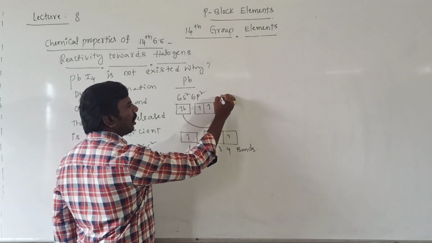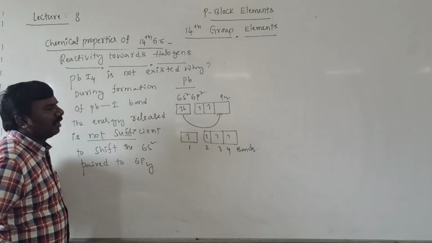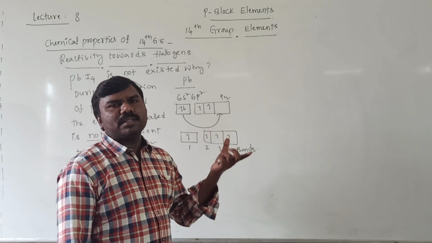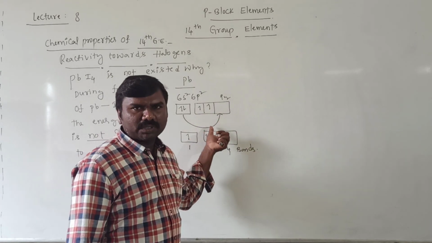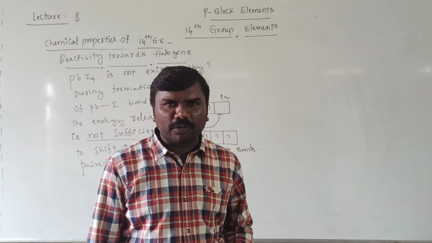This is the py orbital. Not sufficient. Not shifted means only 3 orbitals, only 2 unpaired electrons possible. That's why only PbI2 is possible, but not PbI4.